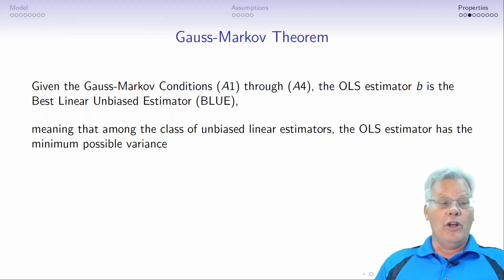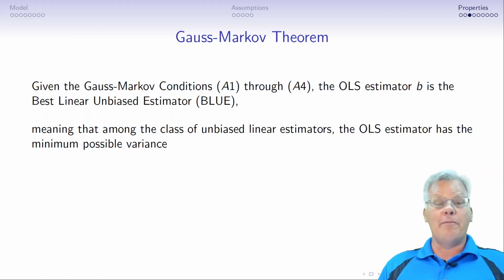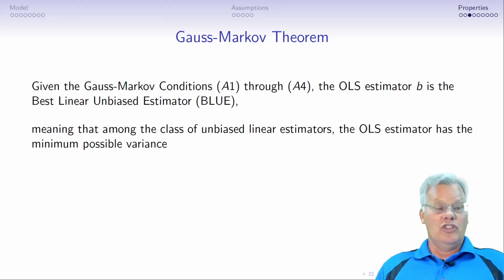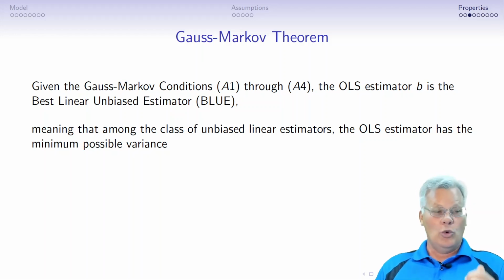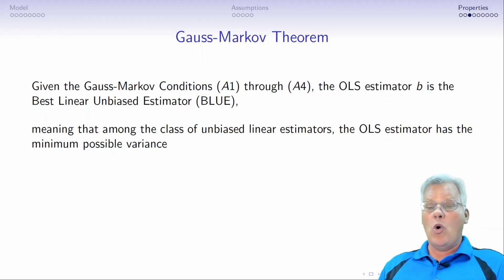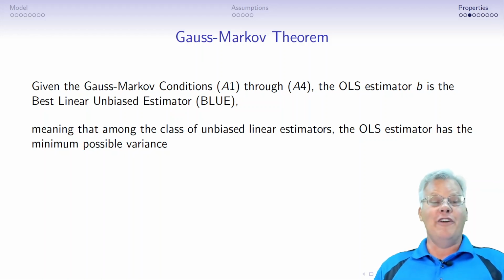And if we want to express this a little more verbosely, we could say that among the class of unbiased linear estimators, so the estimator has to be a linear combination of the y's, and it must also be unbiased, the OLS estimator has the minimum possible variance.